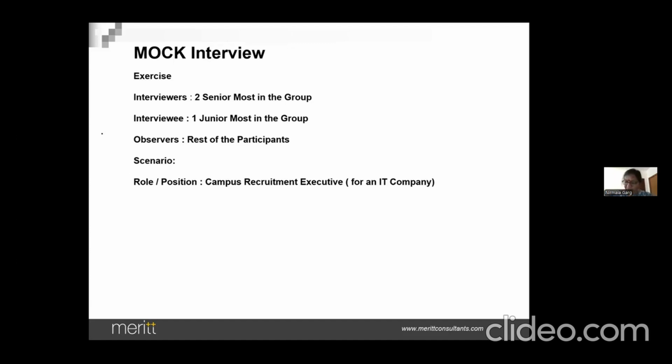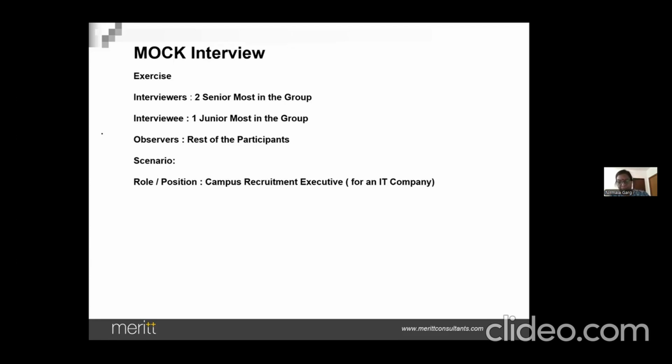The instructions are that KK, the head of HR, has to recruit a person for the campus recruitment executive post. I gave a position which is very familiar to you.